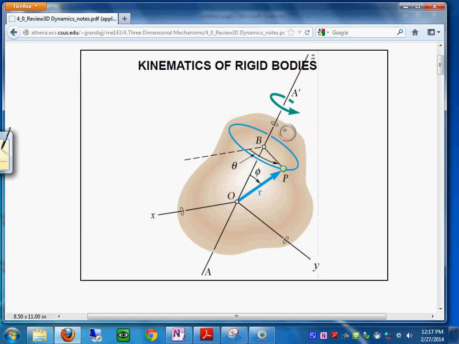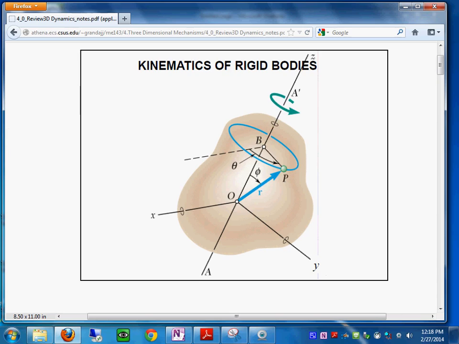The question here is, if you have this angular velocity and it rotates this body about the Z-axis, what's the velocity and acceleration of P? That is the question.